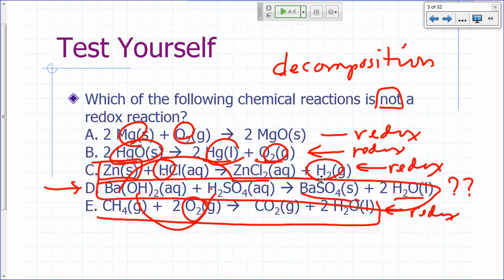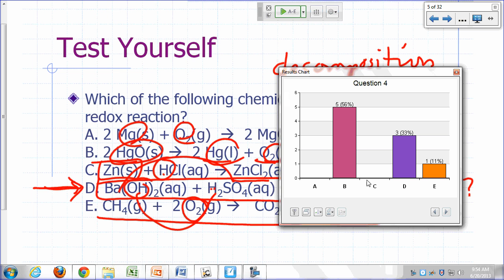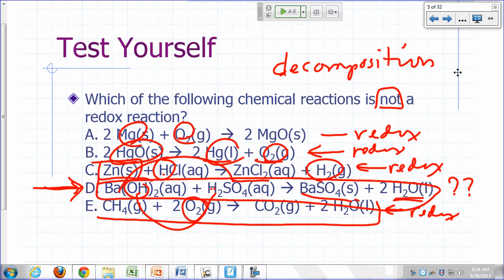Your H plus from your sulfuric acid and your hydroxide from the barium hydroxide gives you water. So this is a reaction that's at the same time precipitation and acid-base neutralization. Those types of reaction you'll find are generally not redox reactions. So correct answer is D. Look for an elemental substance so you can tell right away.